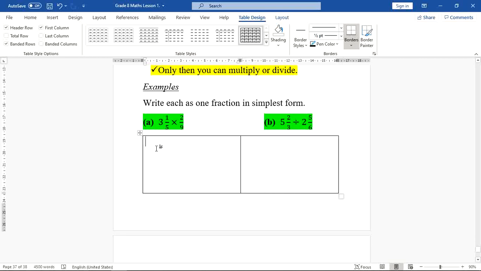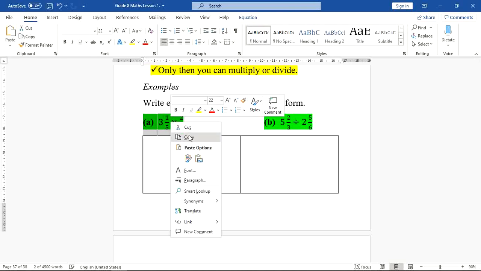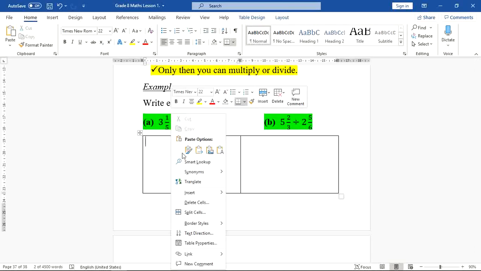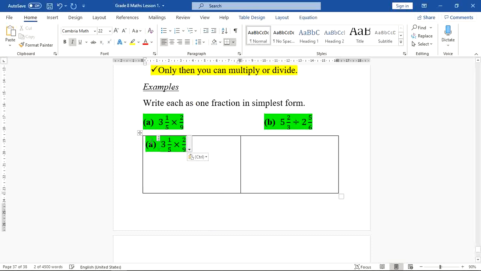Alright, so I want to simplify this. I want to write it as one fraction. So I must write 3 whole and 1 over 5 as an improper fraction.